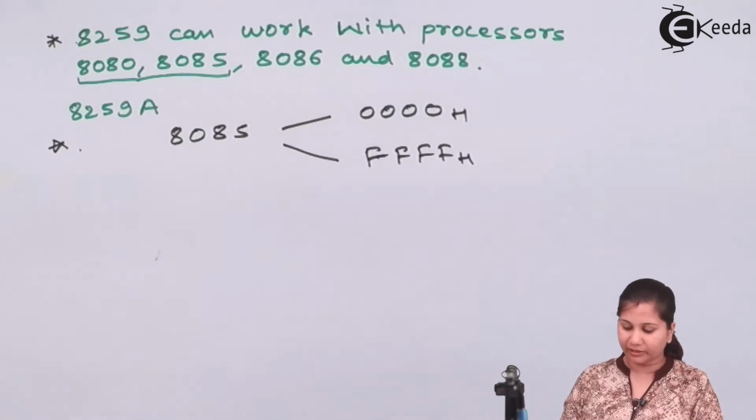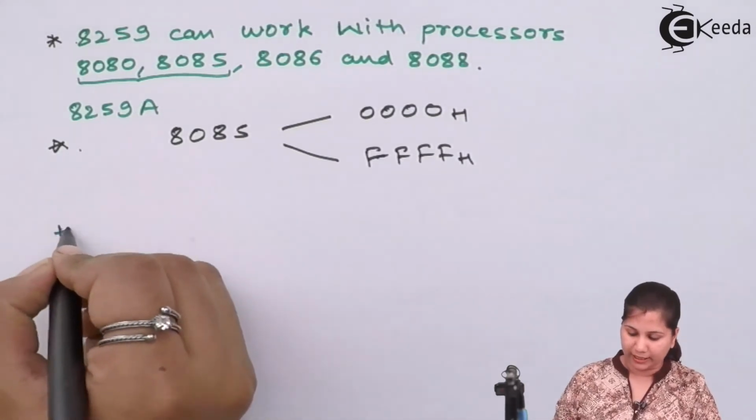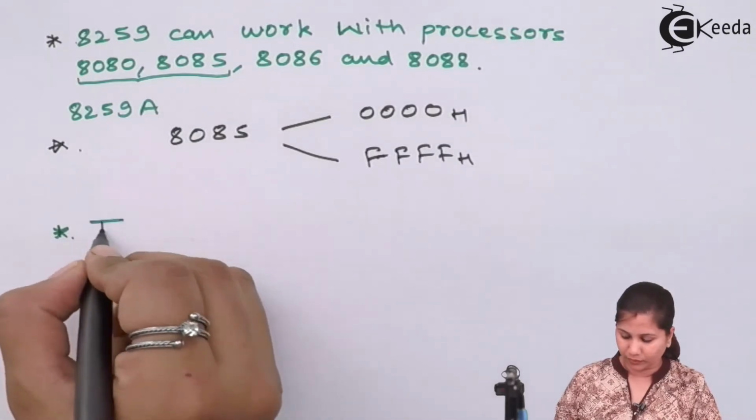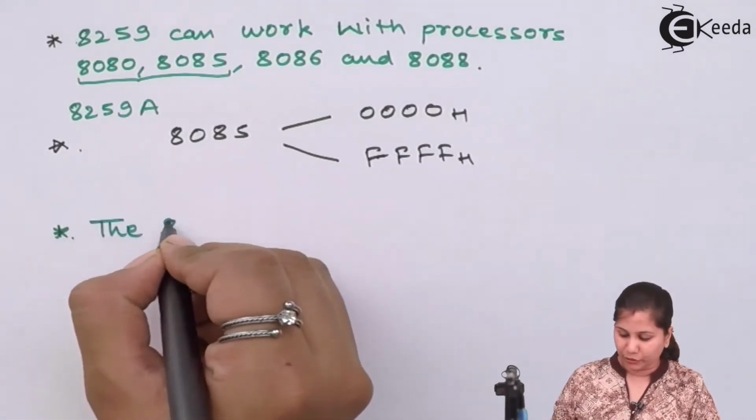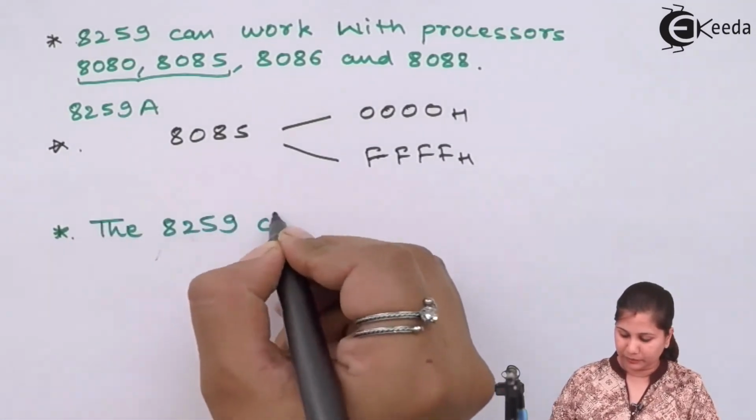So I can write the feature of the 8259 chip.